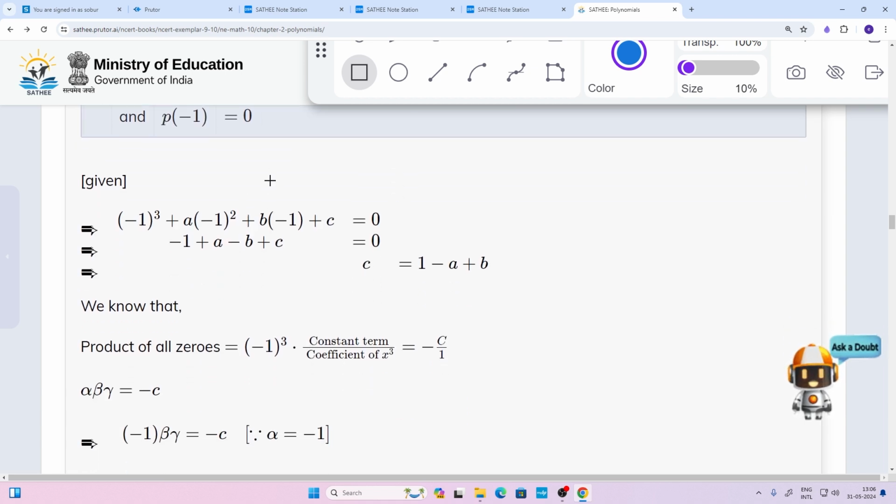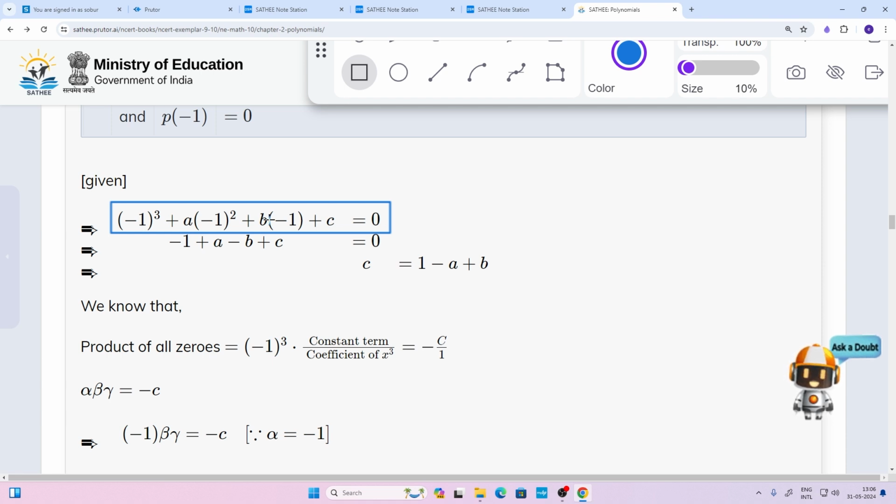Now if we substitute x equal to minus 1 in the given cubic polynomial, then we get minus 1 cube plus a times minus 1 whole square plus b times minus 1 plus c is equal to 0.